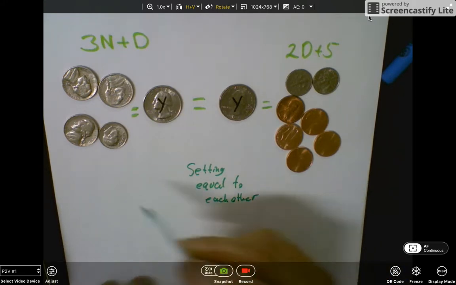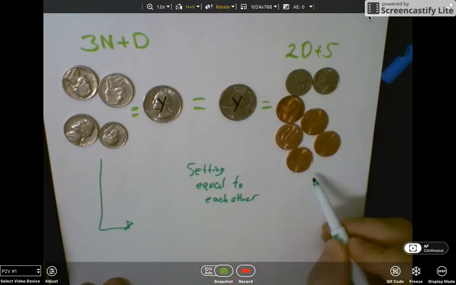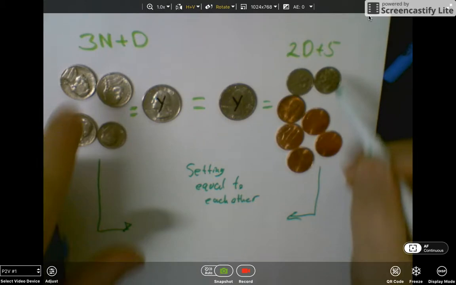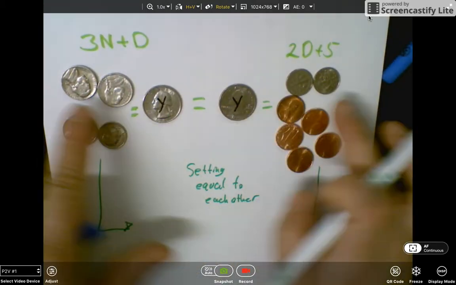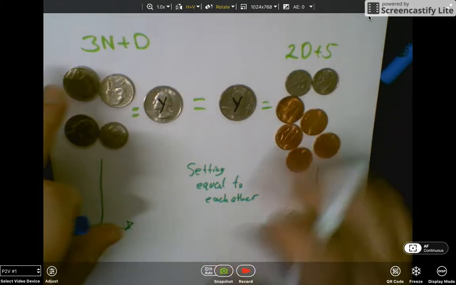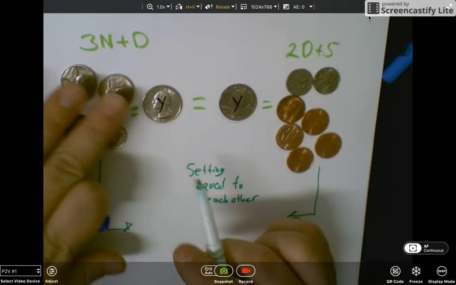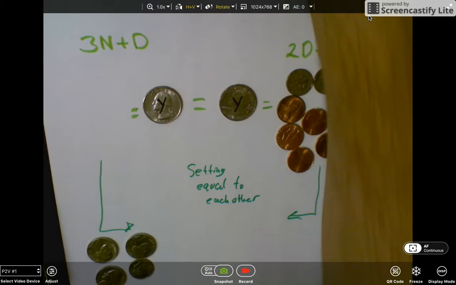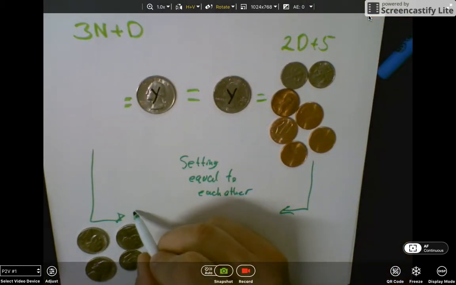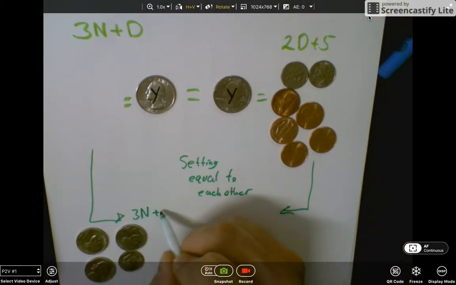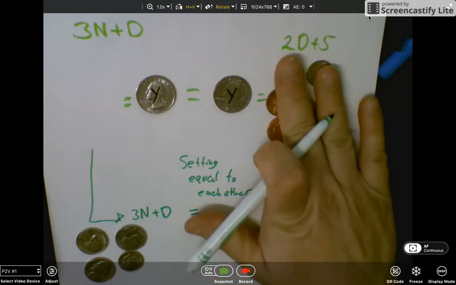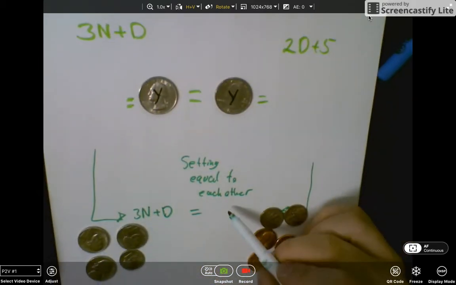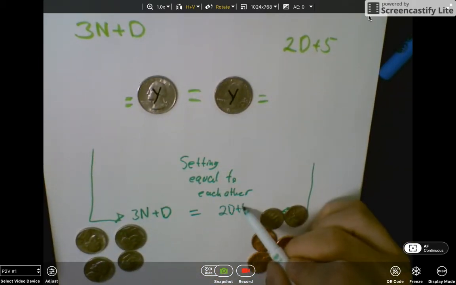So what that means is now I can bring down this part. Because quarter equals this, now I can say that 25 cents equals this. So I can also say that down here, I can rewrite it as 3 nickels plus a dime equals, bring this down, 2 dimes plus 5 pennies.